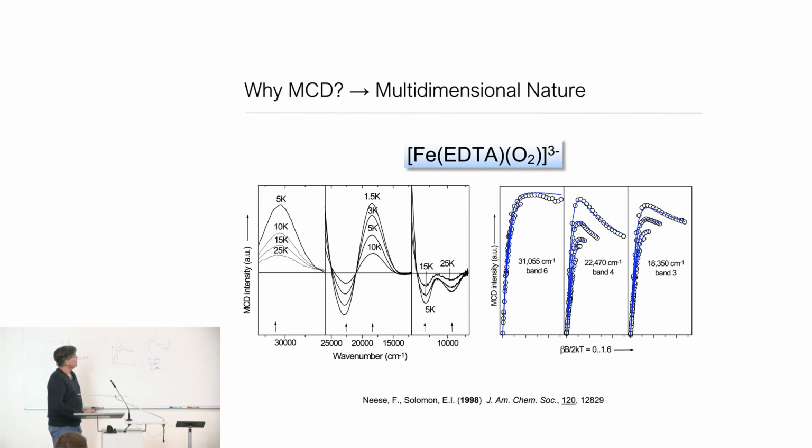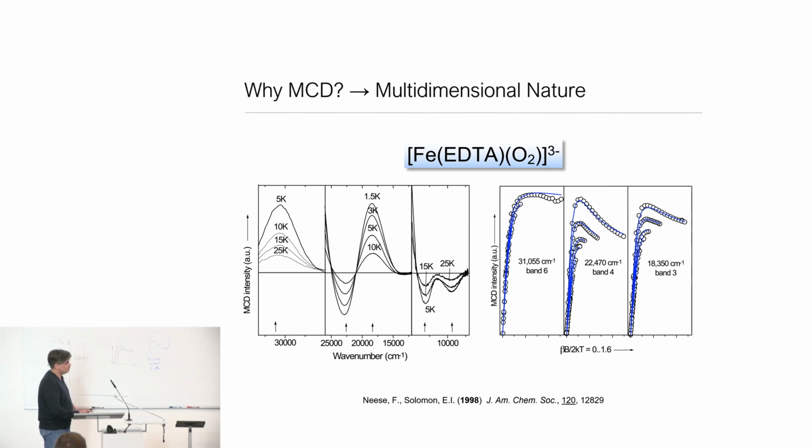So here is the case of a high spin transition metal complex. It's iron EDTA peroxide. That's a spin 5/2 system, and it has a very nice and interesting absorption spectrum here, and a nice interesting MCD spectrum that has quite a number of well-resolved bands. And now you can measure the MCD signal as a function of magnetic field and temperature at any of these wavelengths.